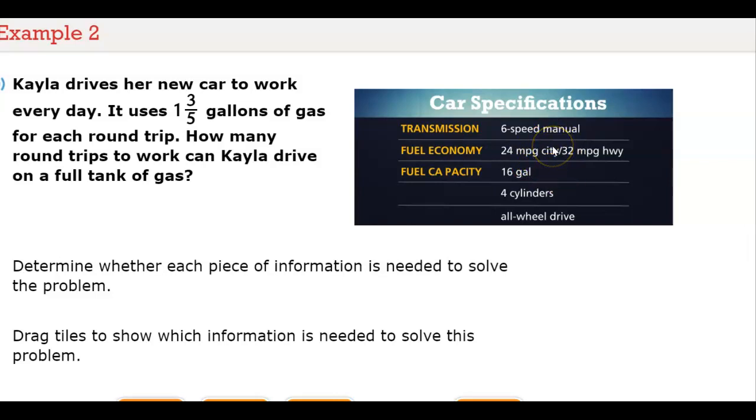So that means on regular streets that have stop signs, stop lights. That's what that means. And then 32 miles per gallon highway is when you're driving on a highway like 95 or the Turnpike or 595 or 75, all of those highways where there's no stopping.